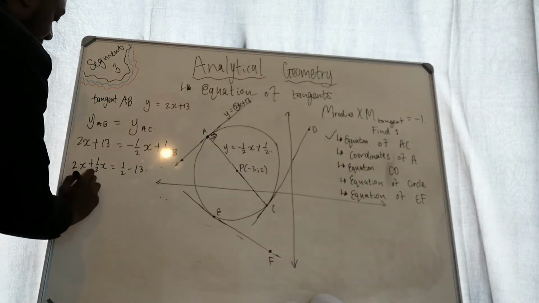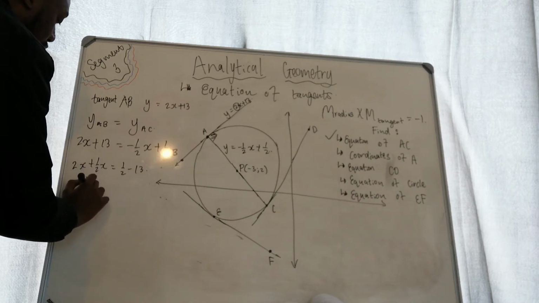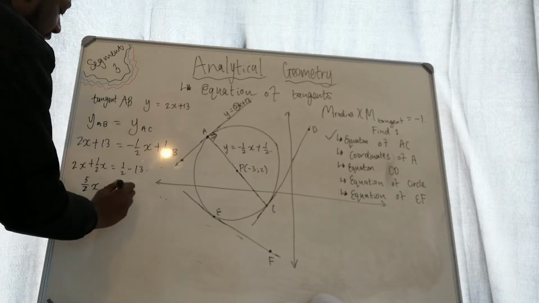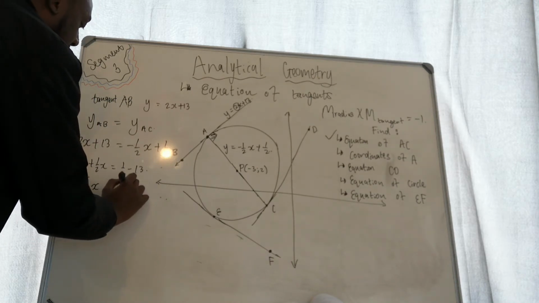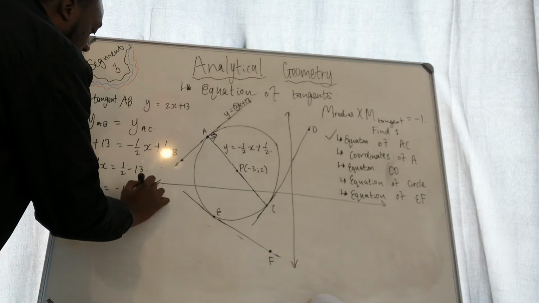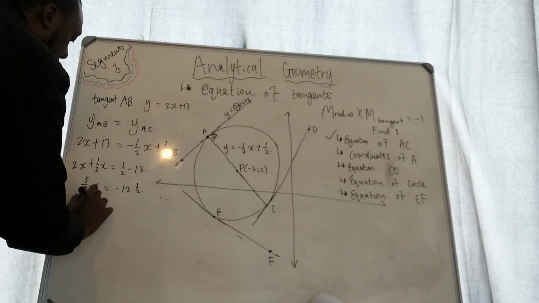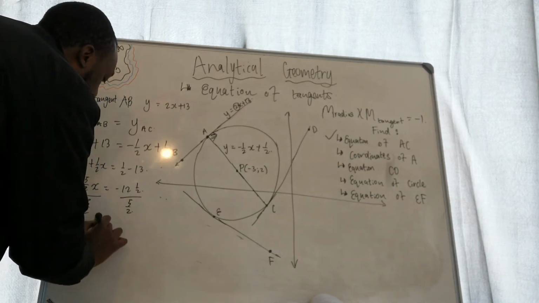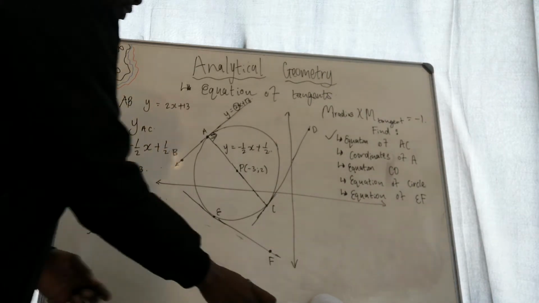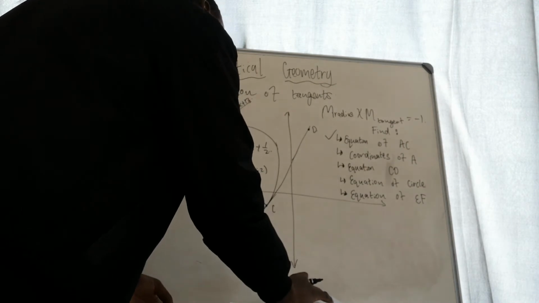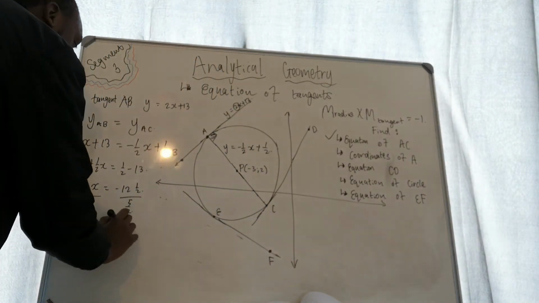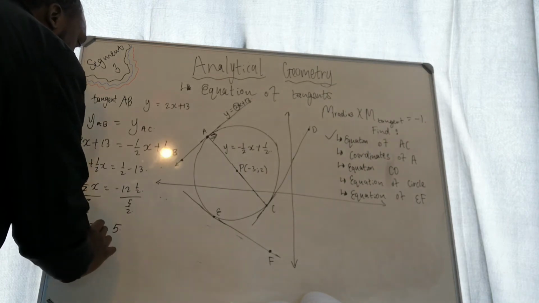I add these, I get 5 over 2. If I subtract those, I get minus 12 and a half. Divide by 5 over 2, divide by 5 over 2. x is actually equal to, just check there, 5. Is it a positive 5?